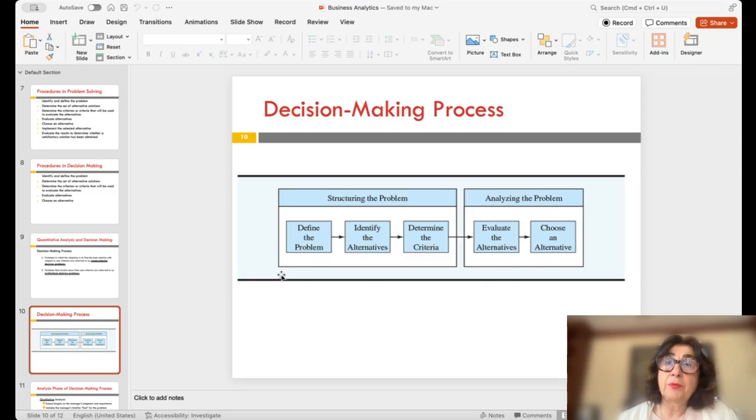Sometimes it's better to present something that can be provided as text in the form of a chart, because this is going to be more appealing to your audience. They will be better able to understand what is going on, and this is going to help them place structuring the problem in one bucket and analyzing the problem in a second bucket.